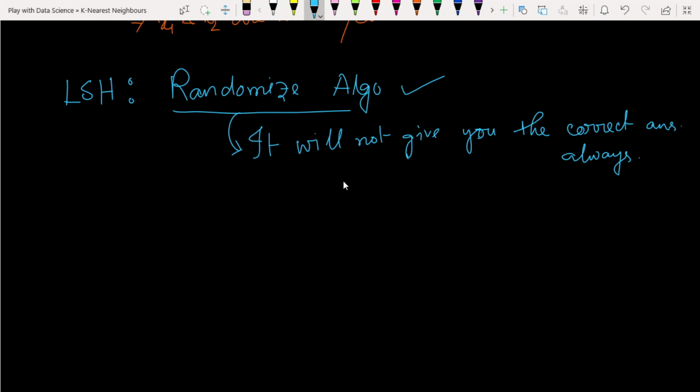It will not give you the correct answer always. And the next thing is that the probability of the correct answer is high. For this kind of randomized algorithm, we can add the concept of probability.